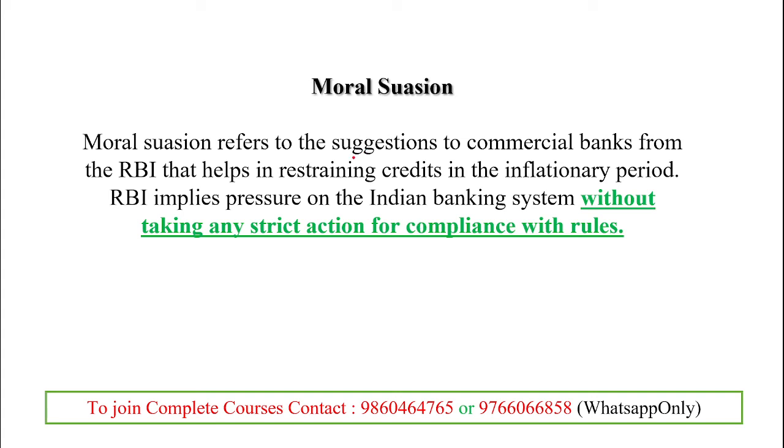This moral suasion helps in restraining credit in the inflationary period. So here RBI applies pressure on the Indian banking system without taking any strict action for compliance with rules. It does not contain any complicated rules. It will just give a suggestion to commercial banks to regulate their money supply.